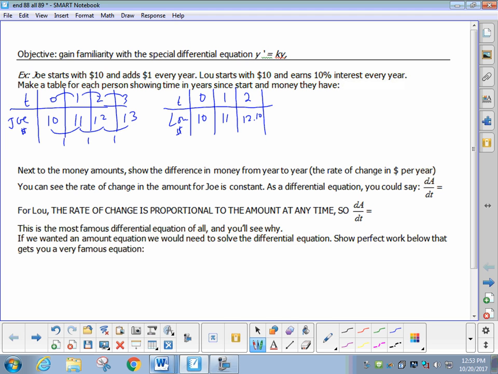To find the next amount, you would need to find 10% of the previous amount and then add it. Okay, what's a shortcut to finding 10% and adding it to 100%? Multiplying by 1.1. Either which way, you would see that the next would be 10% more, which is $1.21.